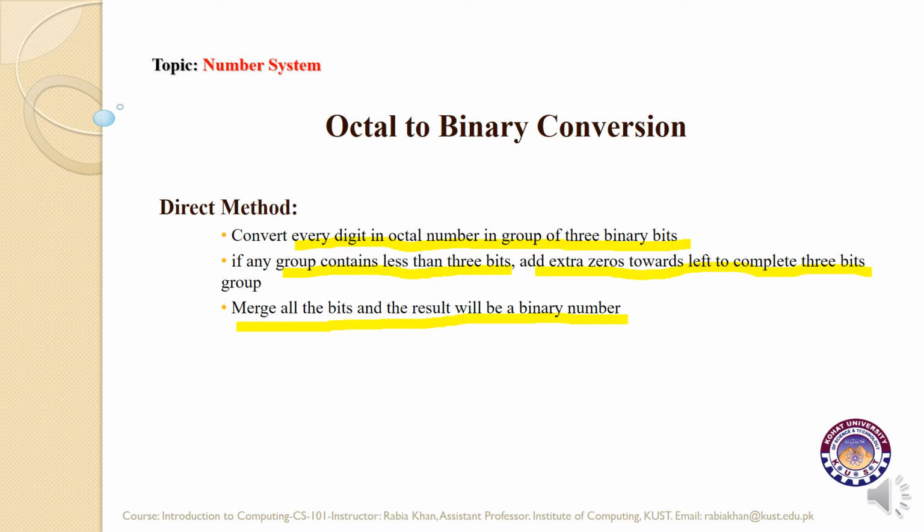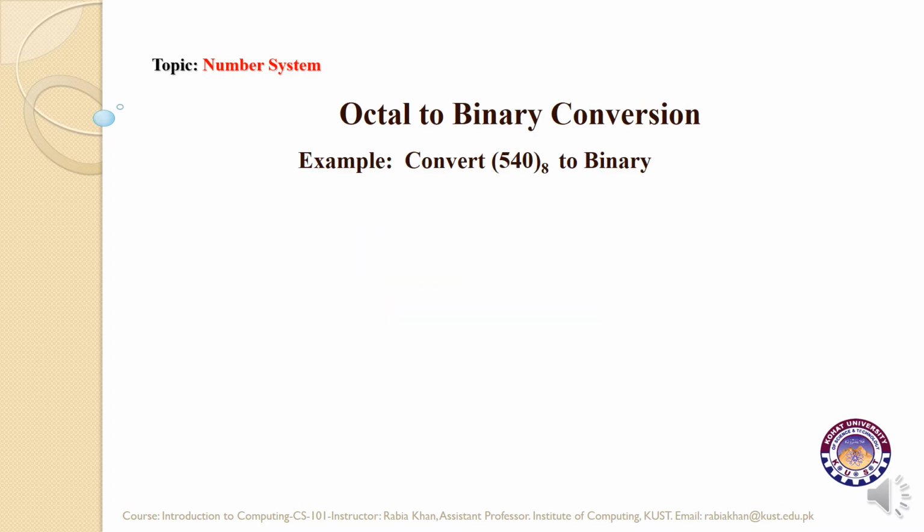Let's see with a few examples how we can apply this direct method. Here you can see we are given an octal number, 540, and we have to convert it into a binary number using the direct method.